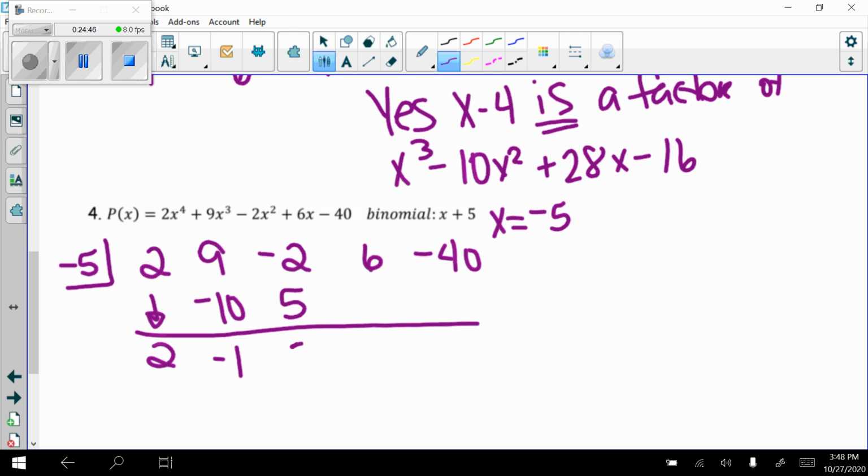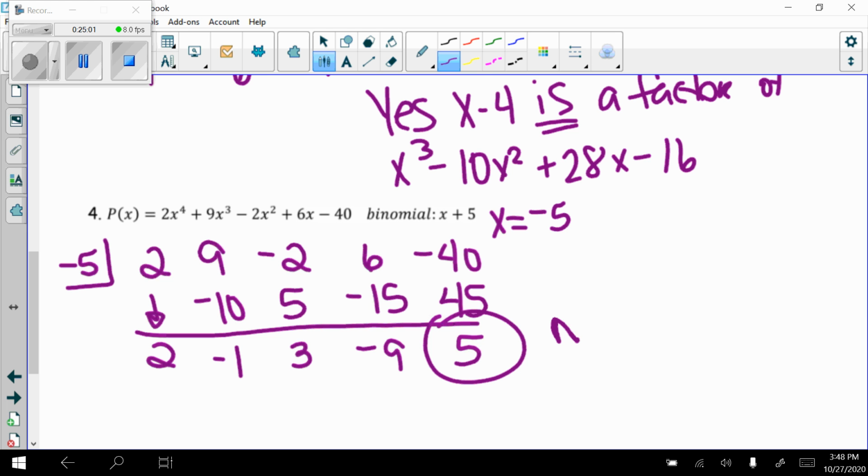Multiply. Add. Multiply. Add. Multiply. Add. What did we get? We got 5. Is 5 equal to 0? No, it is not.